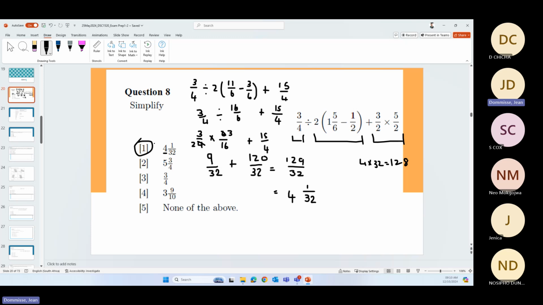Simplification with the fractions. Again, you guys will not get a lot of these questions in the exams. All that part at the back is nearly part of the appendix that they said you need to know. They normally give you one or two or three of those.